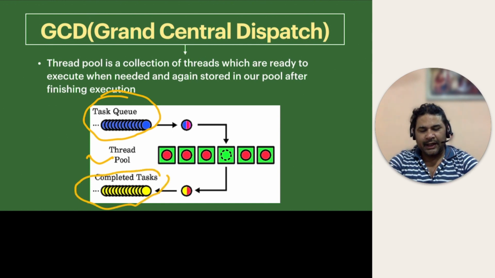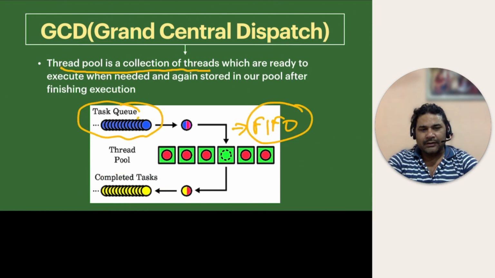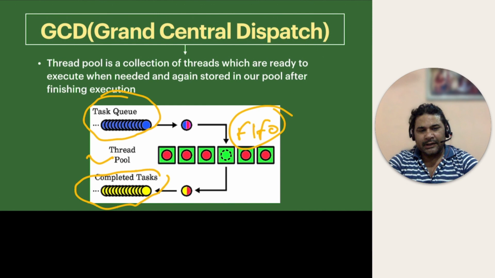So GCD adds all the tasks into the task queue, and the thread pool gets tasks from the task queue in first in, first out order, and all tasks are added to the task queue in a serial or concurrent manner. In the thread pool all the operations are performed, and after performing the operation the thread goes into the completed task.